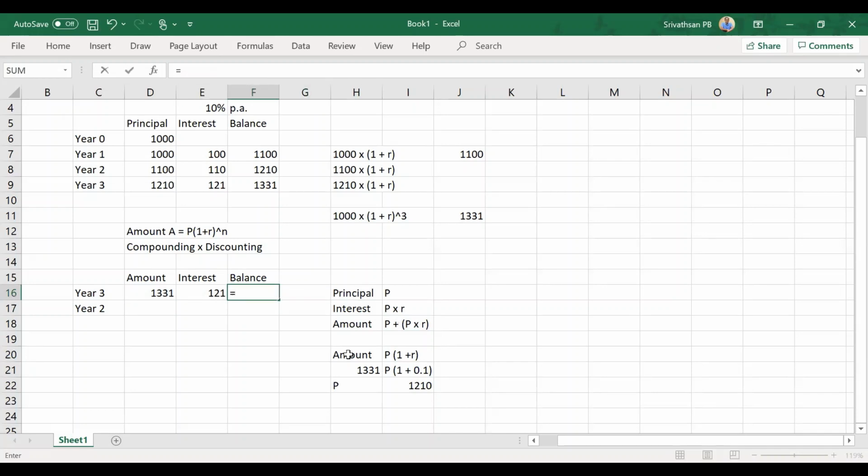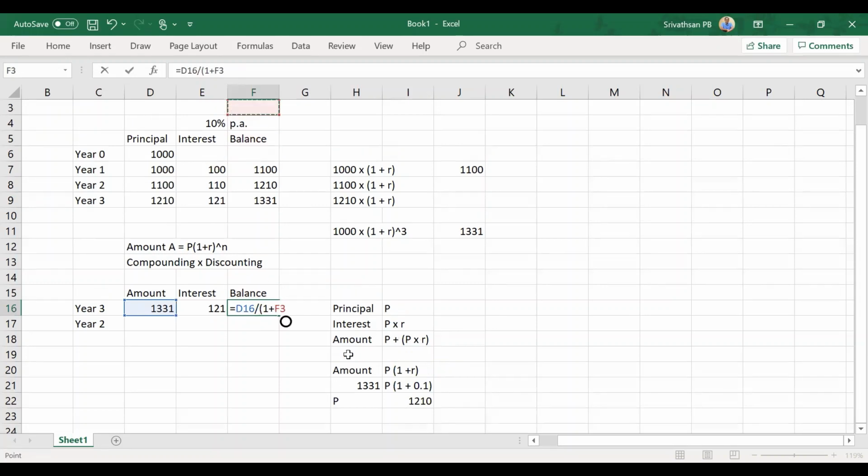So the balance divided by 1.1, that is 10%, and the interest is nothing but into 0.1.